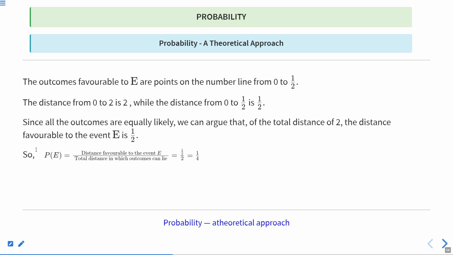So probability of E is equal to the distance favorable to the event E divided by the total distance in which outcomes can lie. This is equal to 1 by 2 divided by 2, which is equal to 1 by 4. So the probability of E is equal to 1 by 4.